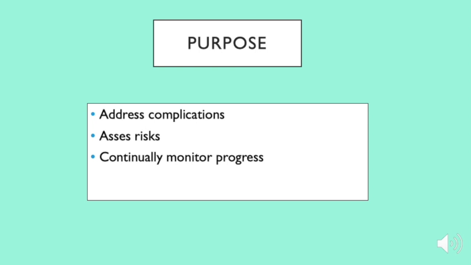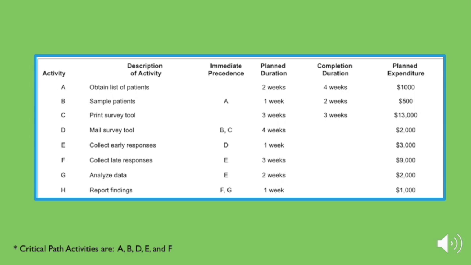It is important first to define the purpose of this activity, which is to address potential complications, assess risks, and continually monitor progress of a project. This slide shows the data that will be used for calculations to identify multiple different aspects of the project.